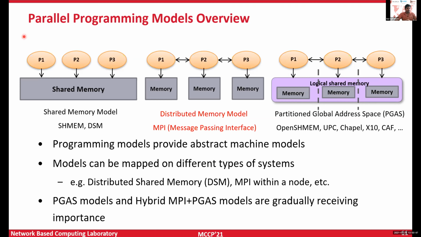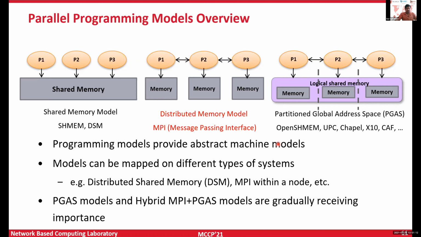But the problem is this does not scale well. Then you have what is called the distributed memory model, where the different processes know that they are sitting on different compute elements and they need to exchange messages explicitly. To say, here you go, I'm giving you some piece of data, I'm receiving some piece of data from you. All of this has to be coded in the program for this to work.